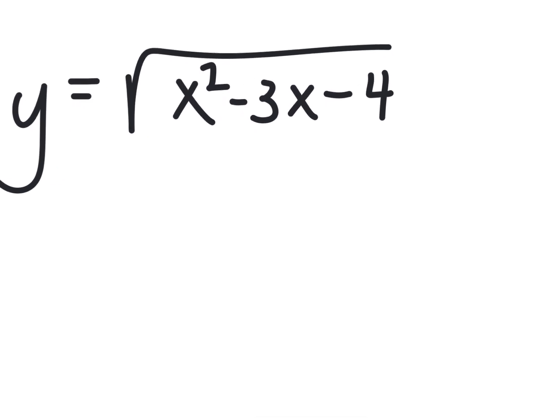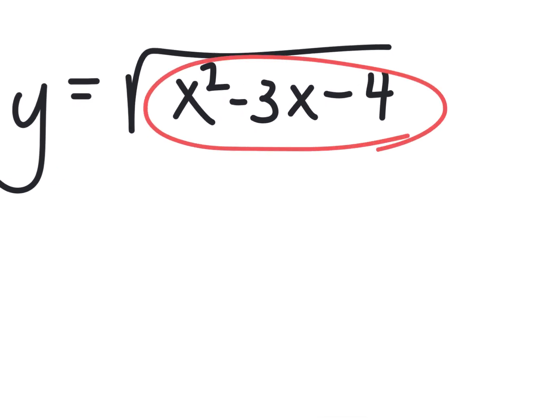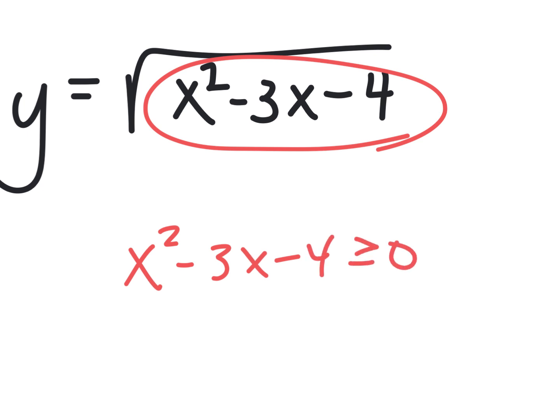So we would not ask you range for this, but we would ask you domain. And I taught you yesterday that you're supposed to take what's underneath here and set it greater or equal to 0. So everybody please write this: x squared minus 3x minus 4 greater or equal to 0. Put that on your iPad. And if you can't solve it, then you've already forgot what we had on the last test, because we had the same exact problem on the last test.